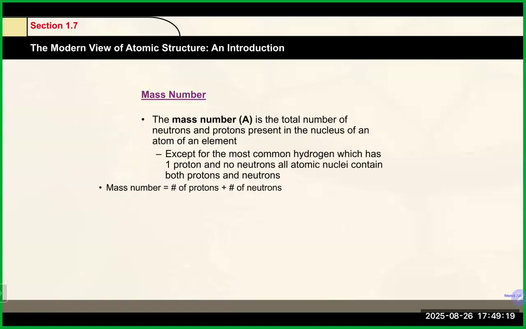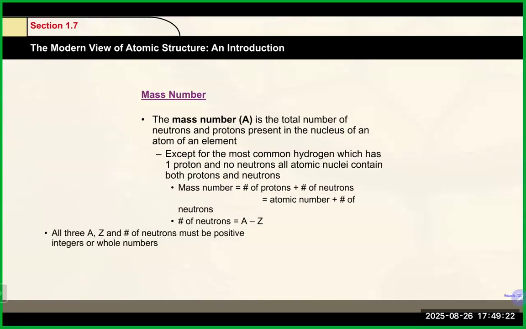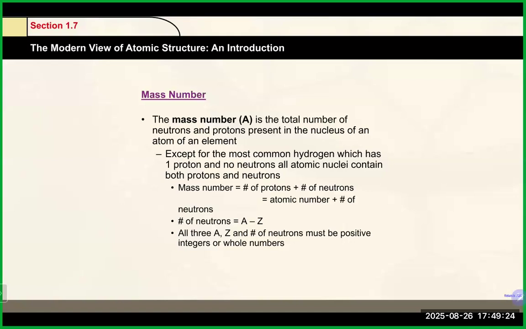The next type of number that's important is the mass number. The mass number is sometimes abbreviated with an A. The definition of the mass number is the number of protons and the number of neutrons there are in an atom.